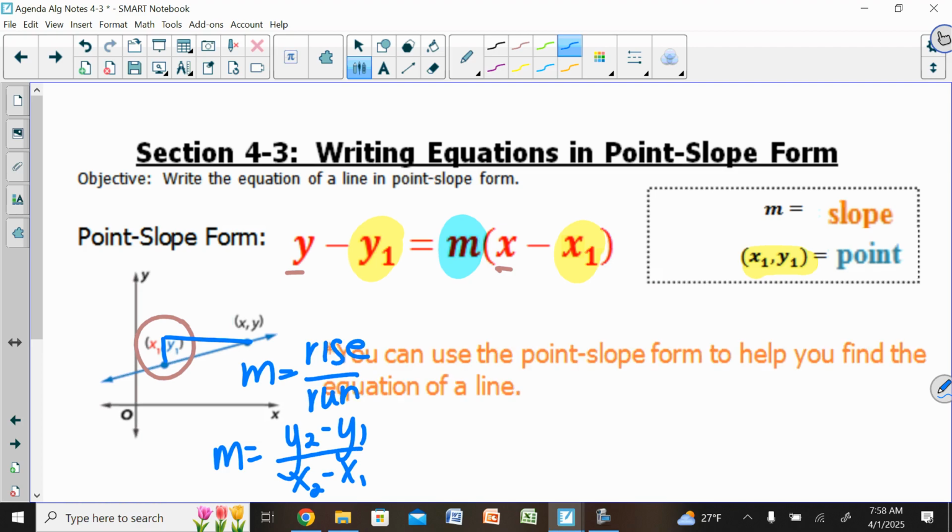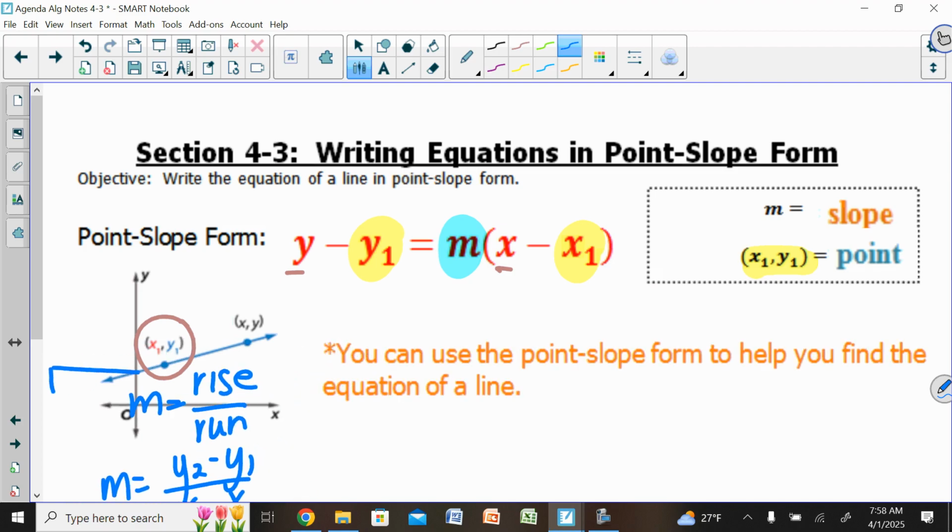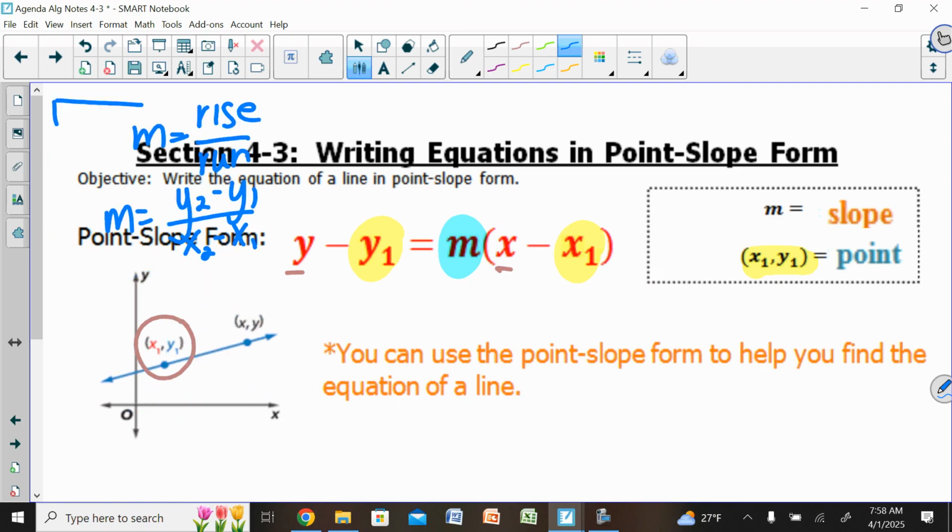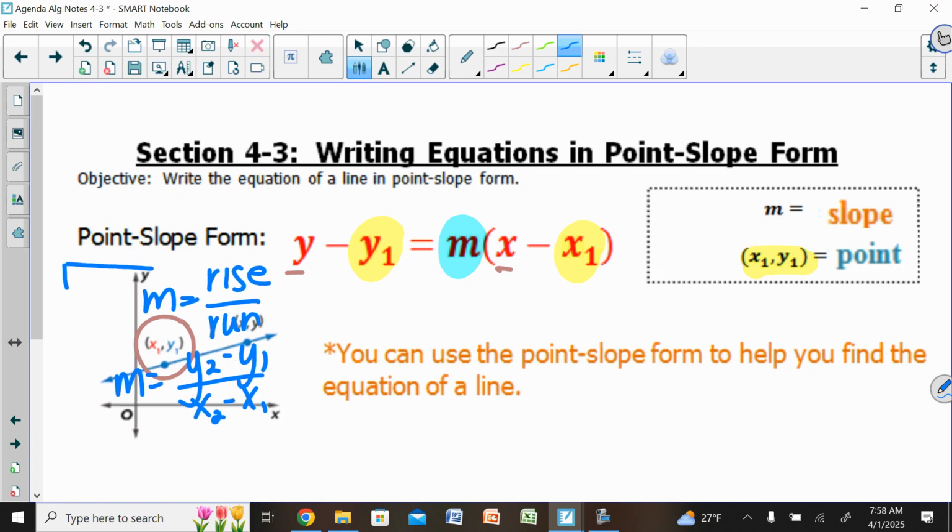So here's the important part. Let me move this over. I'll just move this up here. You can use the point-slope form to help you find the y equals mx plus b equation of a line. In the end, I'm always going to want y equals mx plus b, but point-slope is a super great tool in order to find y equals mx plus b.